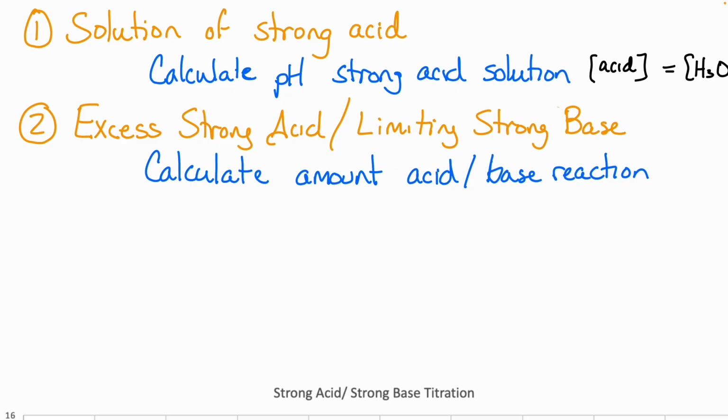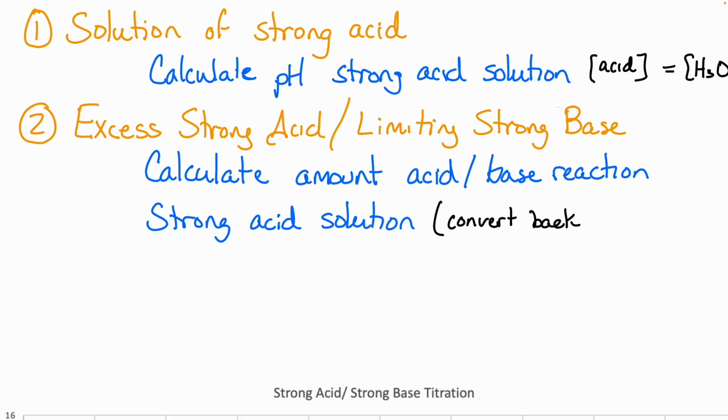Our ice table, again, we got to do it in millimoles for titration since we're changing our volume. Once we figure out how much we have, what's happened after that reaction has occurred, because we have an excess of strong acid, all we simply have is a strong acid solution. And we know how to calculate the pH of a strong acid solution. We're also just going to remind ourselves that we have to convert back to big M molarity.